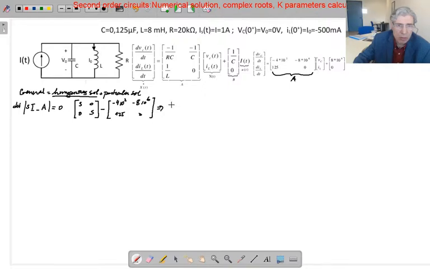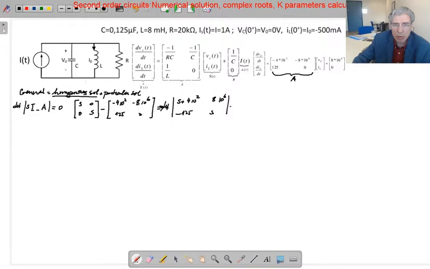From this, we get s plus 4 times 10 to the power 2, 0 minus... so this minus becomes plus, that is 8 times 10 to the power 6, and minus 125, and s. So the determinant of this matrix.